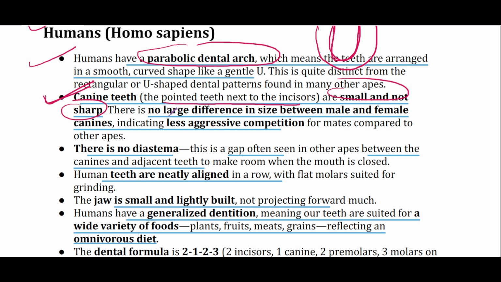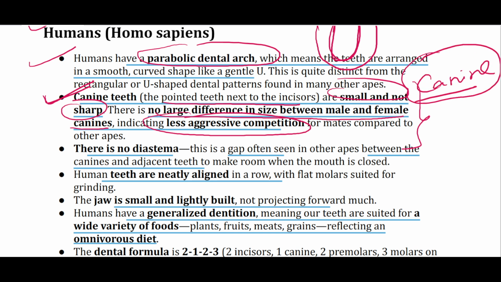And there's no large difference in size between male and female canines, which indicates less aggressive mate competition. जिन species में mate competition होता है between males, they have large canines, and sexual dimorphism is seen between male and female, especially in canine shape.